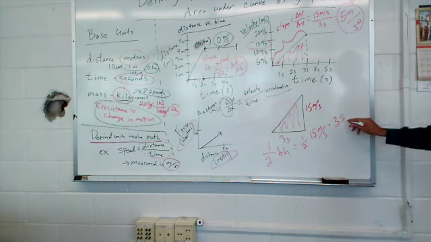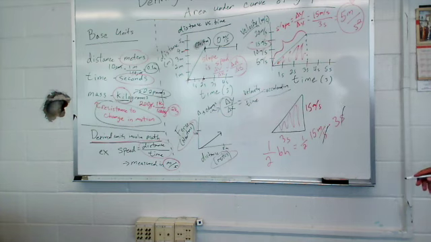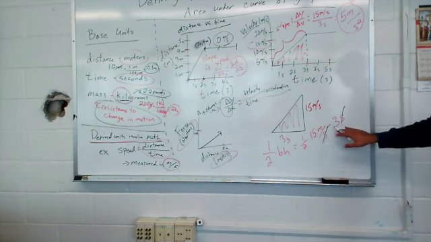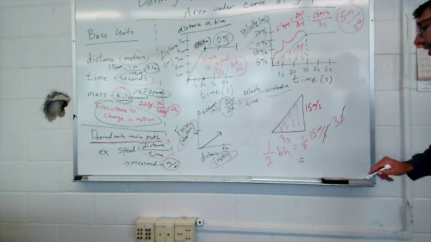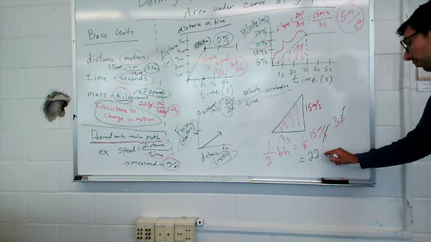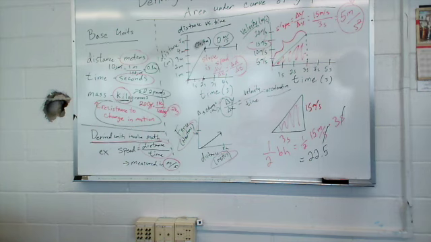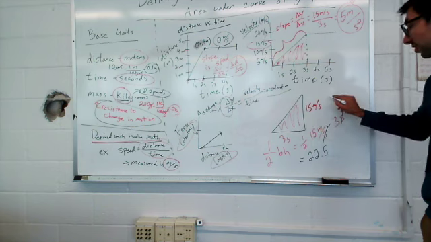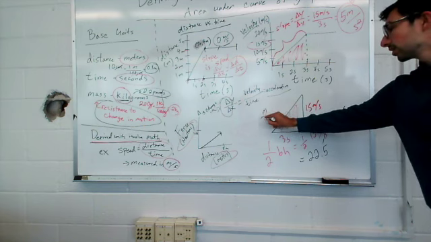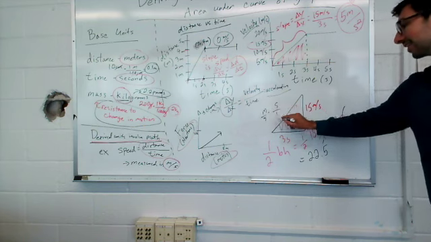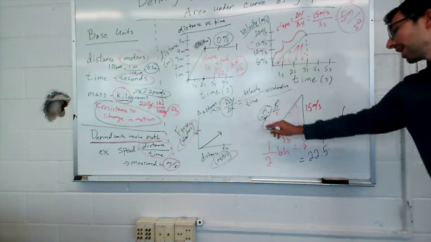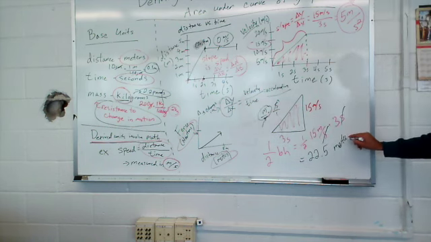Over seconds times seconds, they cancel. You should simply get 1/2 times 15 times 3, which is 22.5. And what's our unit going to be? Well, seconds canceled because we did meters per second times seconds, and those canceled. Now we're left with meters.